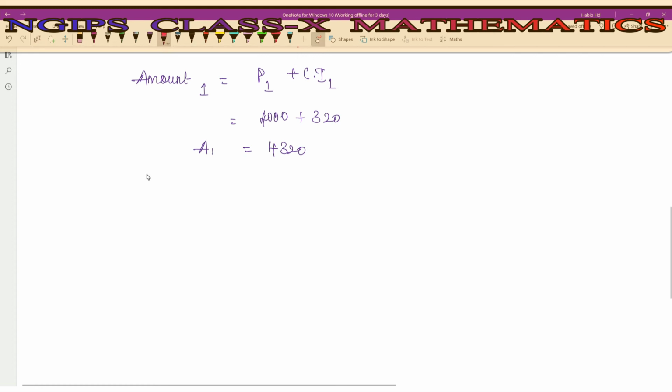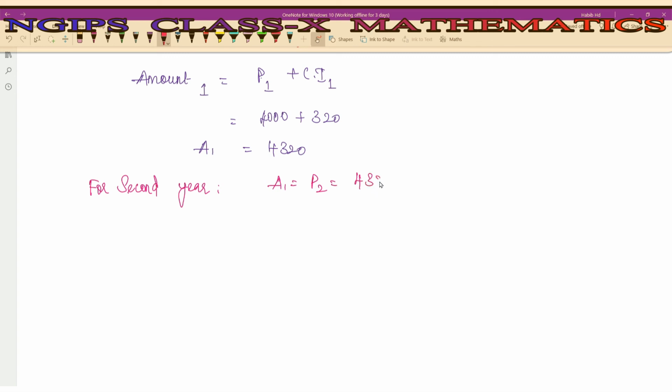Next we will move to the second year. The first year amount is carried to the second year as principal, which is 4320, the rate is 8%, and the time we take is only 1.